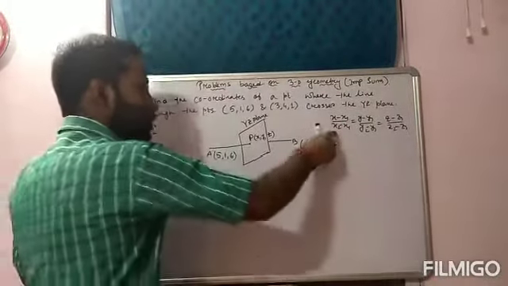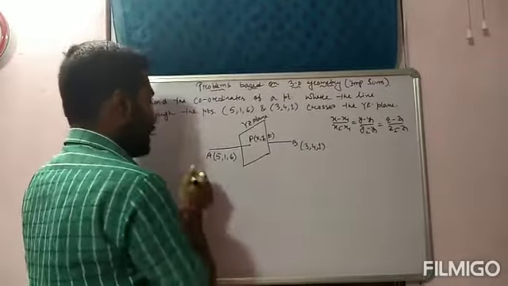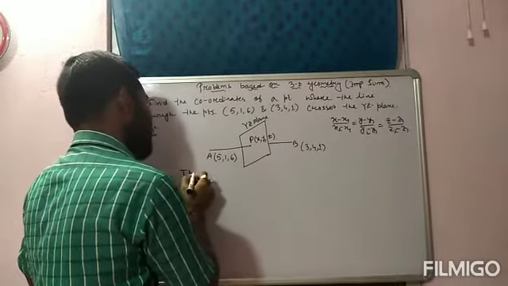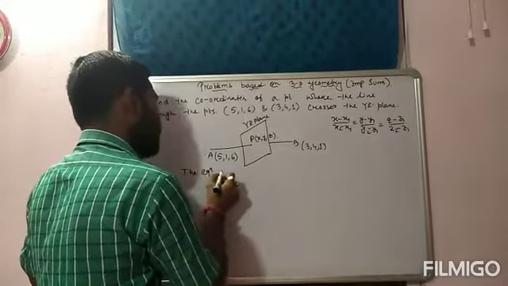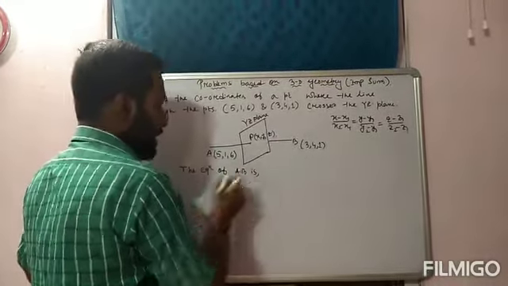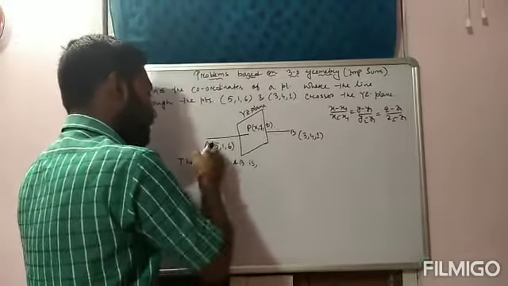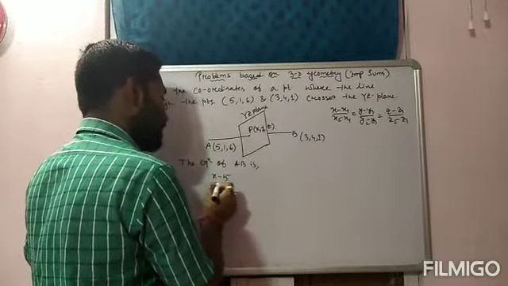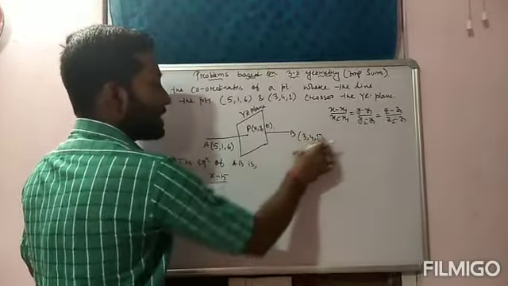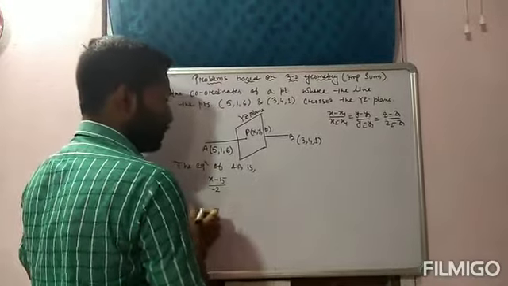So by using this formula, now you have to find the equation of the line AB. So the equation of AB is x minus x1. What is the value of x1? x1 is here 5. So x minus 5 by x2 minus x1, 3 minus 5, that is minus 2.